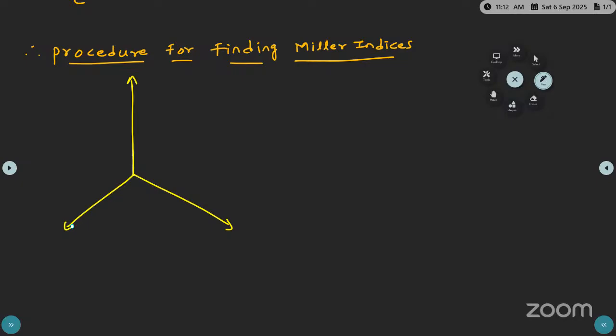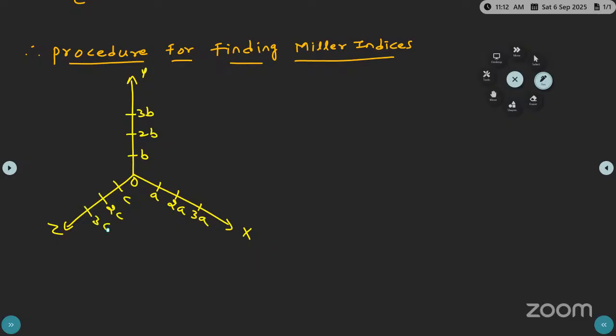See here, everyone. These are the three crystallographic axes, let's assume X, Y, Z, and this is the origin. We have marked the intercepts like this. This is A, this is 2A, this is 3A, and here it is B, 2B, 3B, and here it is C, 2C, 3C.